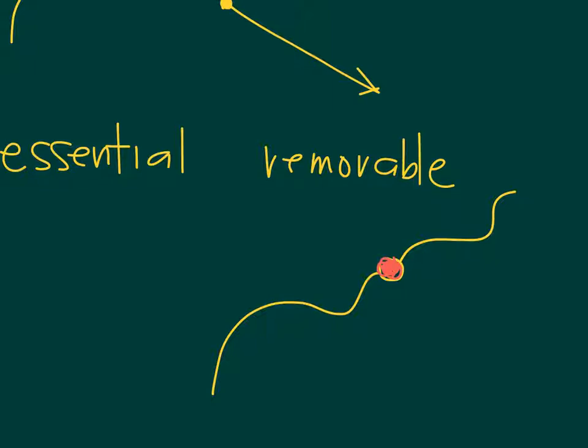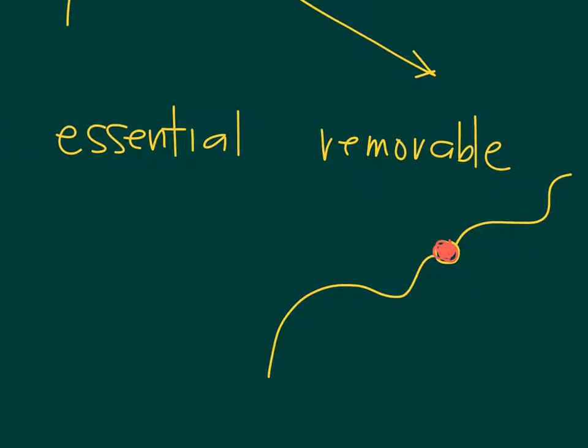So removable discontinuity. But for essential, as we have seen in the previous illustration, if the graph is in this manner, then you cannot do something to complete the graph because there's an obvious gap from one point to another. So it's essential.